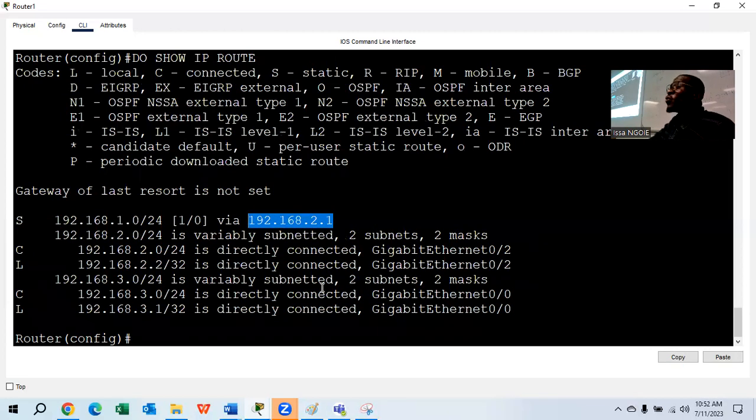Via 192.168.2.1. So my router knows how to reach that network by using a static route via this interface. This is how the router learned about that one. We can save.